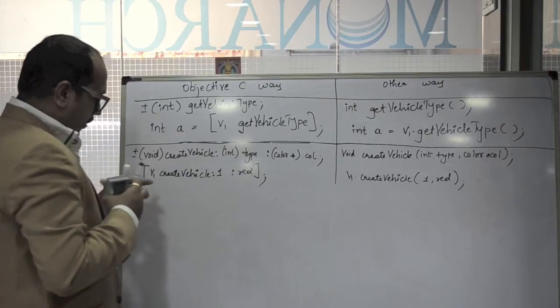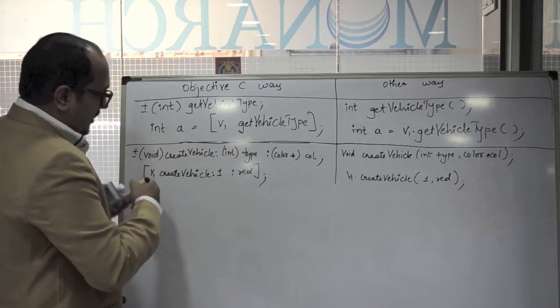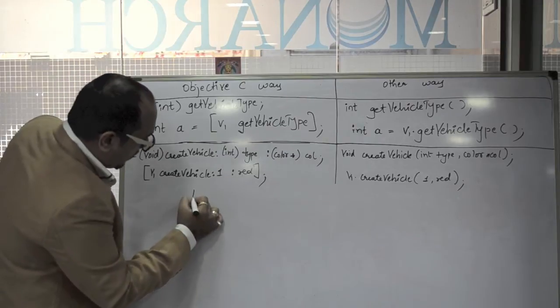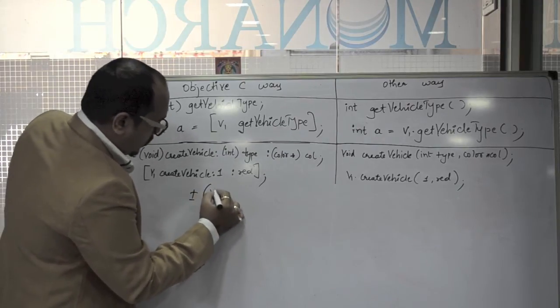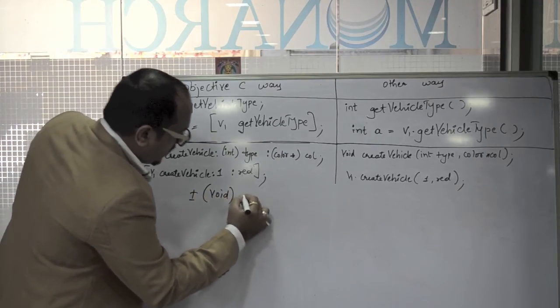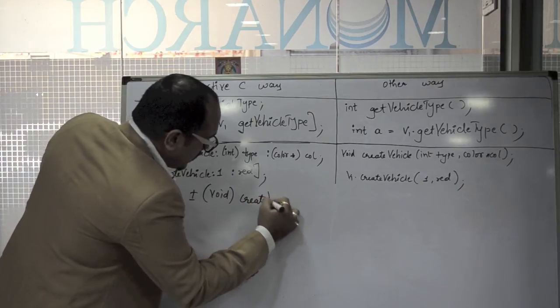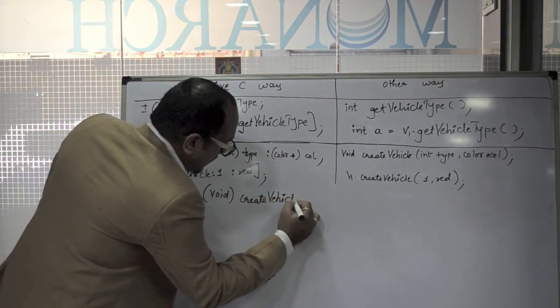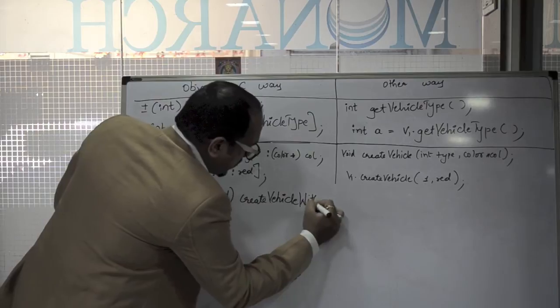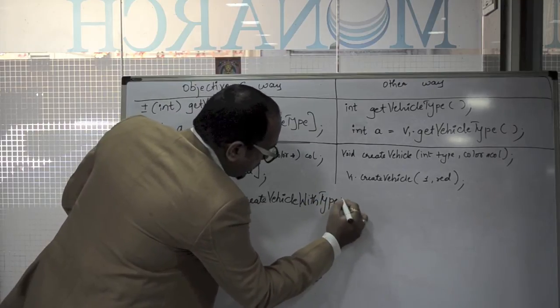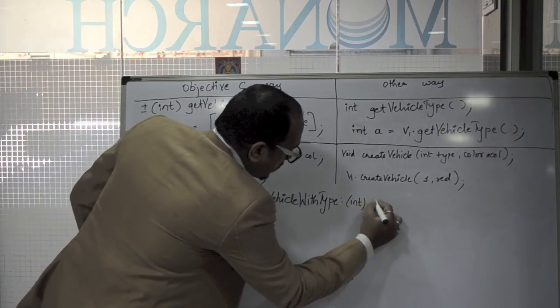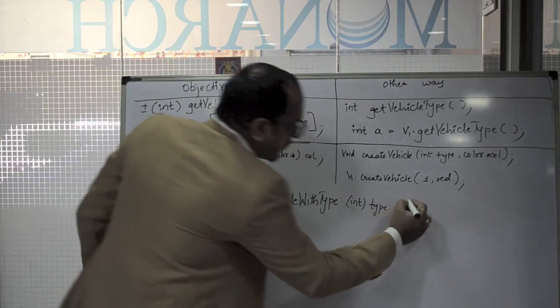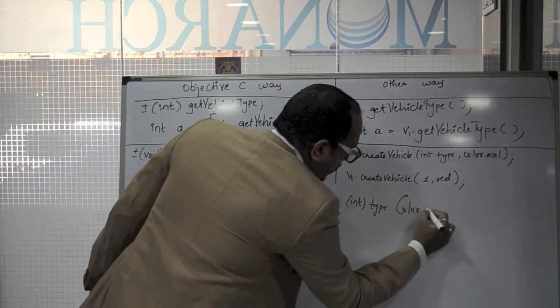So the same function in best practice in Objective-C would be written in the following manner. I would write the same function in Objective-C this way: plus or minus, void, create vehicle with type, int type, color.